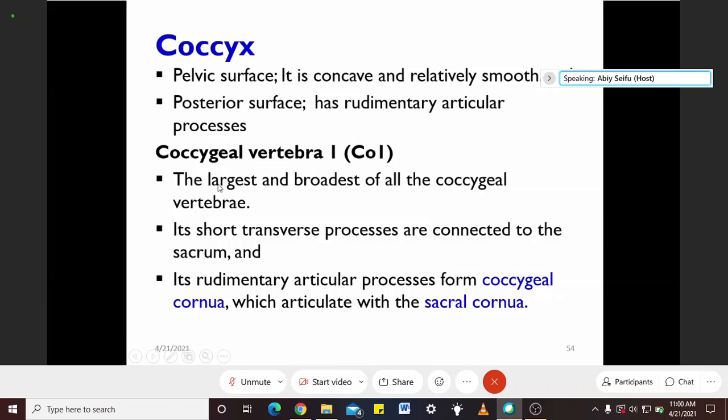This one is the largest, triangular and broadest, and it is found superiorly. It has a transverse process and an articular process. The articular process, the coccygeal cornu, articulates with the sacral cornu.